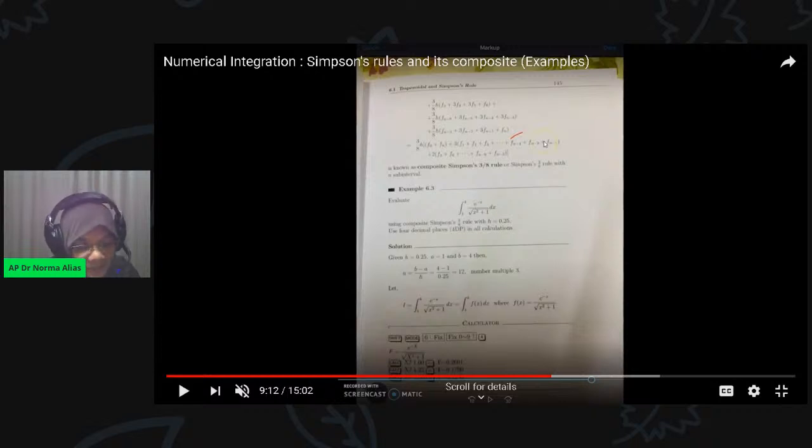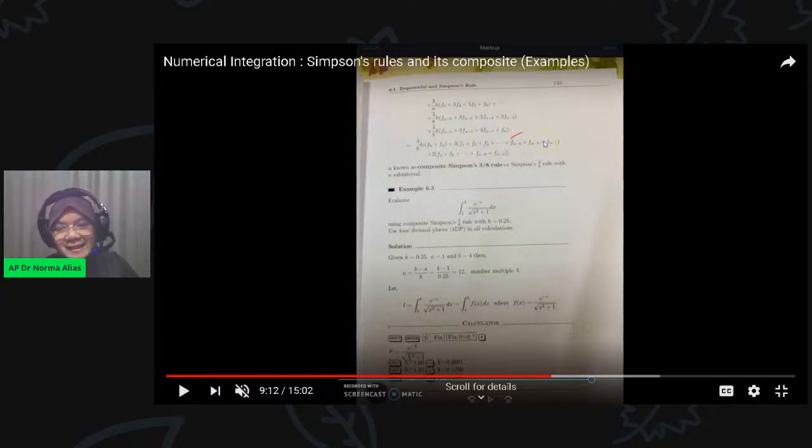Where does it come from? Why are we using this formula? It is extended from where? I said that it extends from which formula?